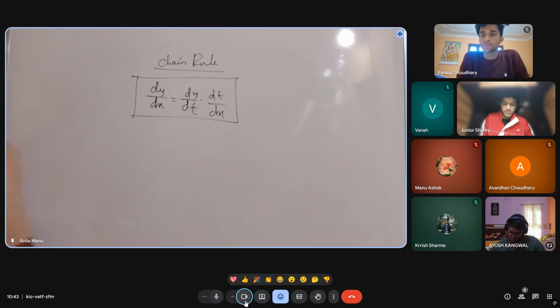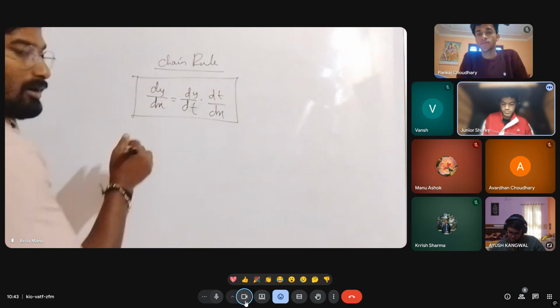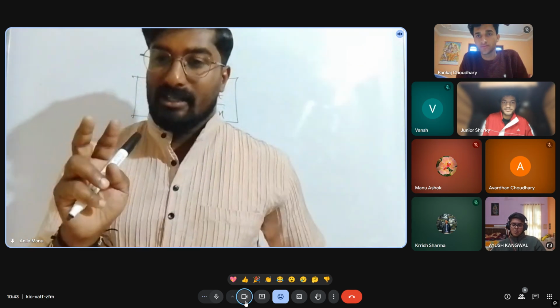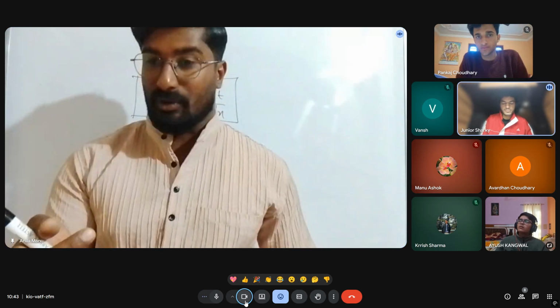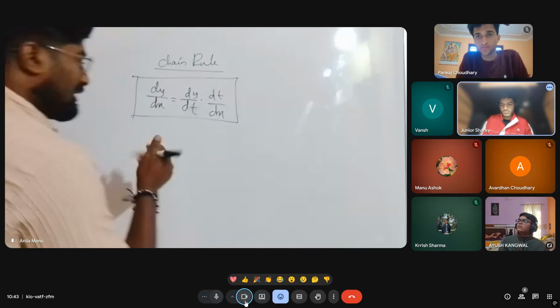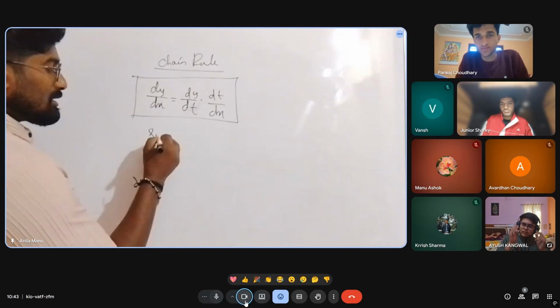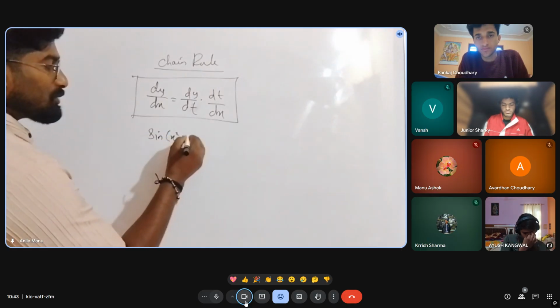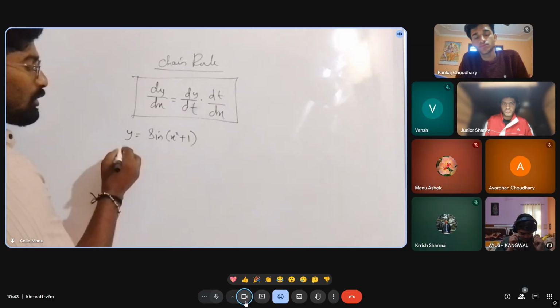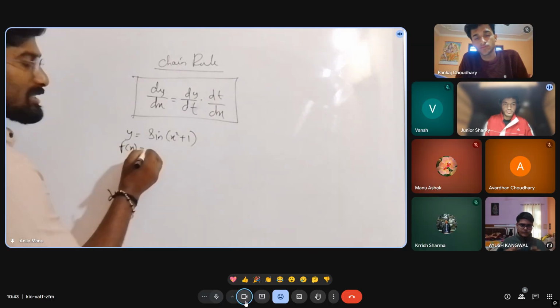See, two different methods are there, and the second one is going to be easy for you. Always try to follow the second method. I'll tell you that. Consider the same question, sin of x square plus 1. You can write the given function either as y is equal to, or as I told you, f of x is equal to.